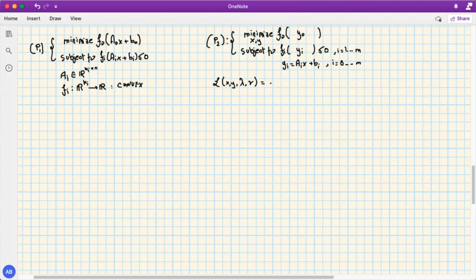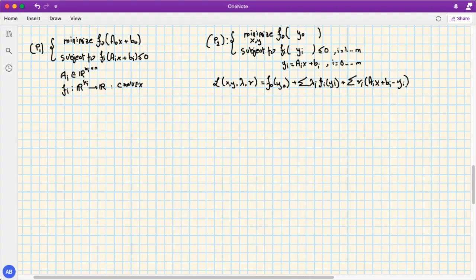So I've got my cost f0 of y0 plus a sum on terms lambda i multiplied by the ith inequality constraint, that is fi of yi, plus a sum on the equality constraint, so nu i multiplied by aix plus bi minus yi.